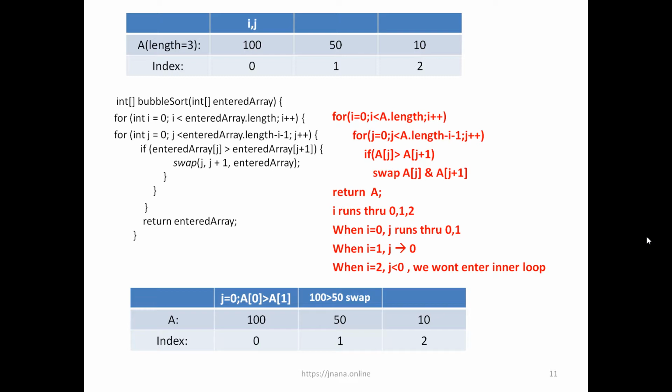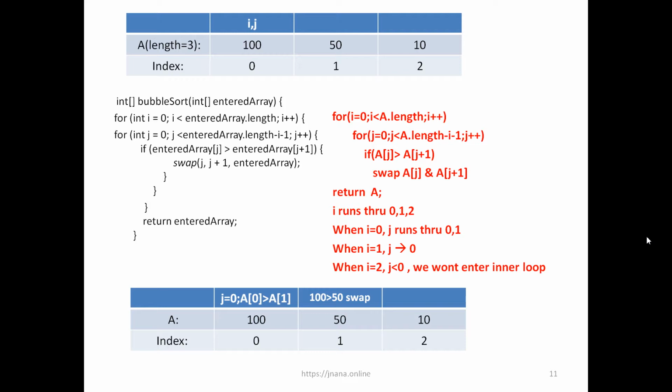So the first condition is i equal to 0, and j equal to 0. The condition we are checking is a of j greater than a of j plus 1. That is a of 0 greater than a of 0 plus 1, that is a of 1. A of 0 is 100, a of 1 is 50. Is 100 greater than 50?